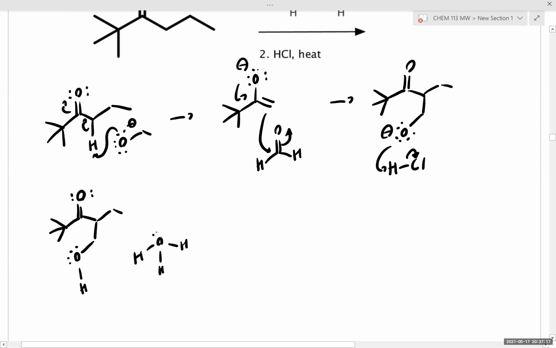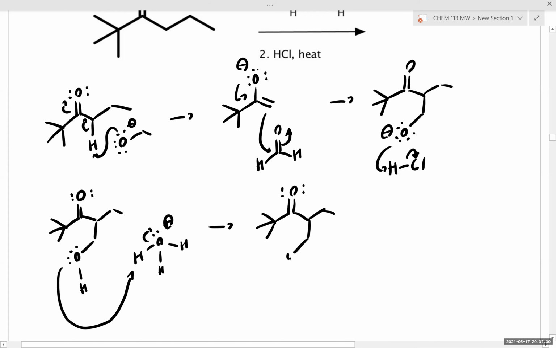We'll then further protonate our alcohol to further activate it as a leaving group. So after protonation, now that we have activated this leaving group in the form of water, what will happen next?